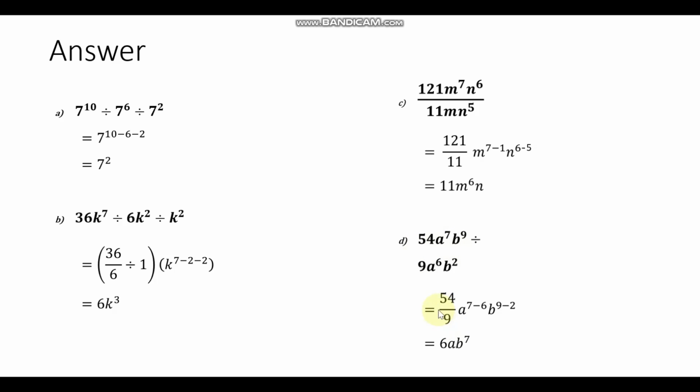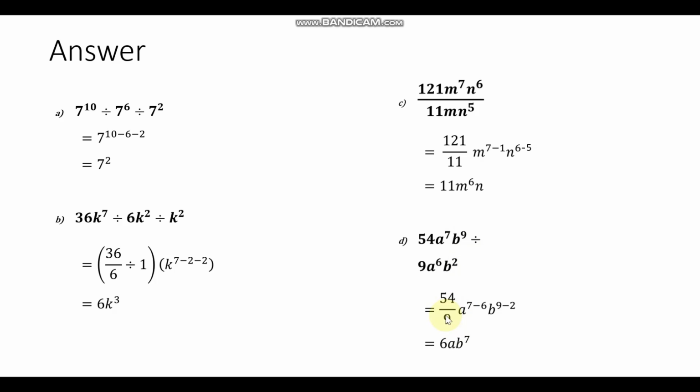We start by separating the number and the terms. 54 divided by 9, and we write down the terms beside here. A to the power of 7 minus 6, b to the power of 9 minus 2.